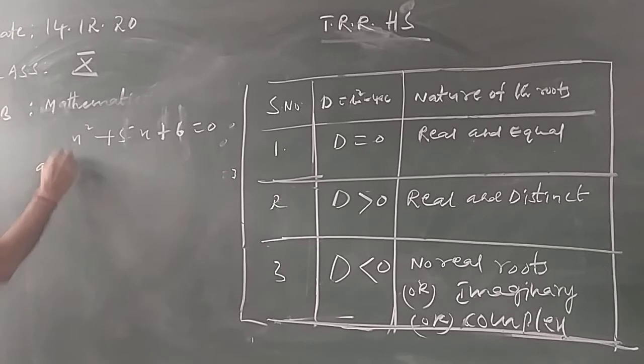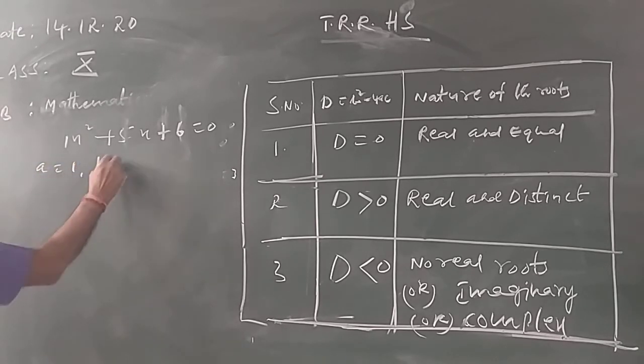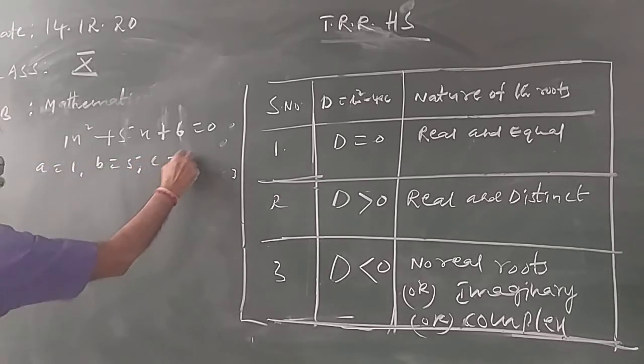A is equal to what here? Nothing means 1. B is equal to 5. C is equal to 6.